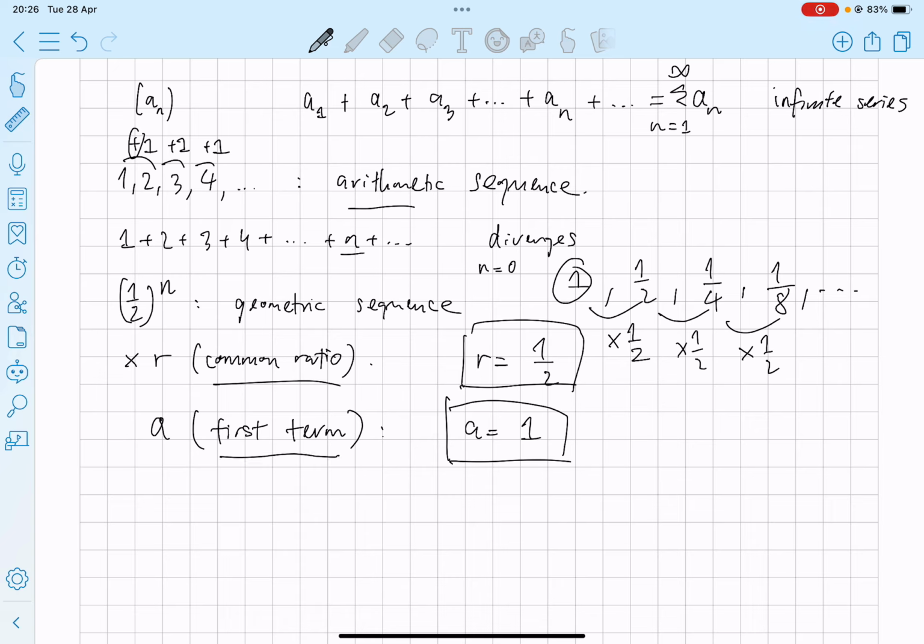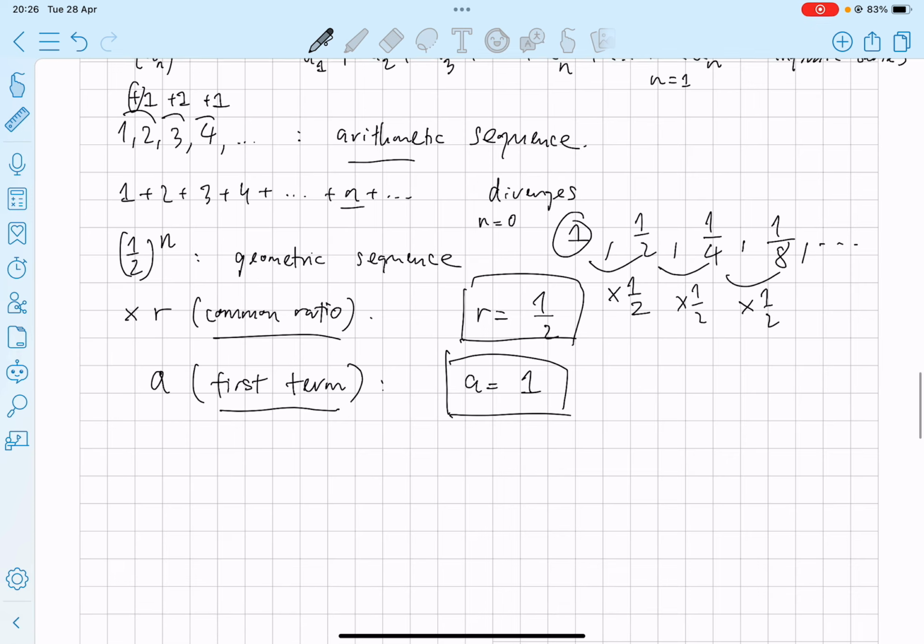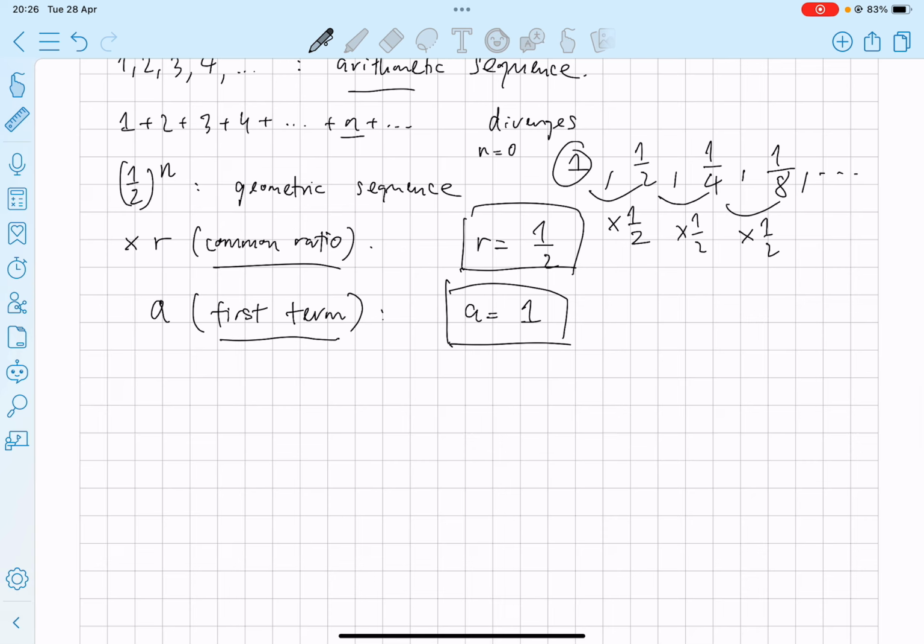So I'm gonna go ahead and give you a formula for this. There are two cases in a geometric series. In the first case, when the absolute value of your common ratio is smaller than 1, your series is gonna converge. That is something you need to know.